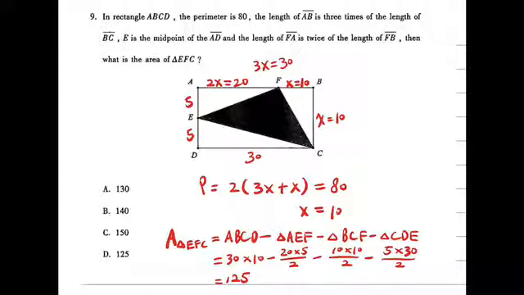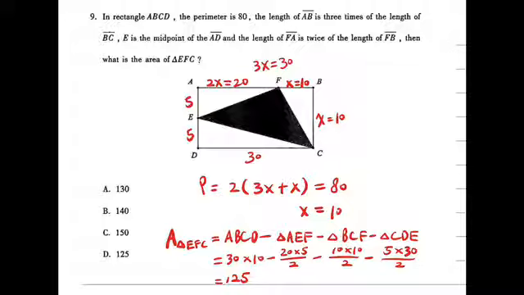Question 9. To solve this problem, we need to find the area of the large rectangle and subtract the three small triangles. It says the perimeter of the rectangle is 80, which is the sum of the four sides, or 2 times the sum of length and width.